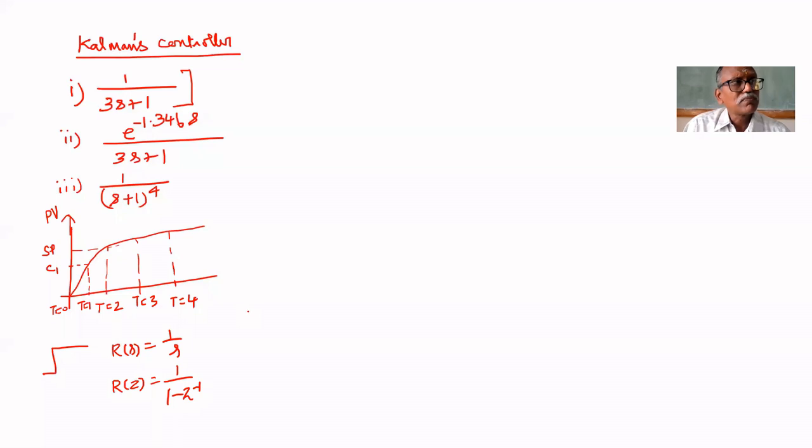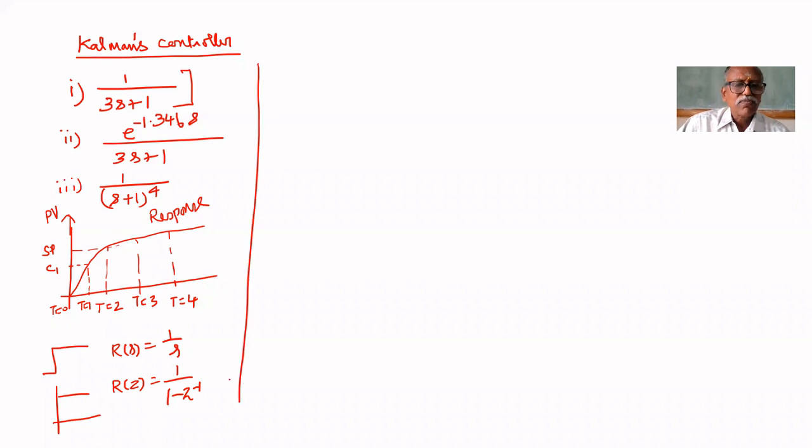For that input, so R of S for a given step input. This is the step input given. For that, this is the response. That is the assumption we made.